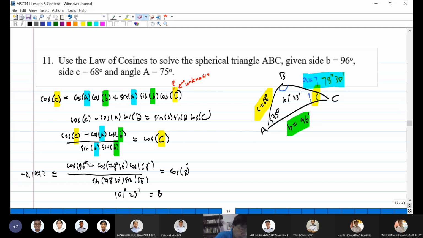Now put in the values: angle C is 68 degrees. This is side A and B, 96 here. So A is 78 and B is 96 now.